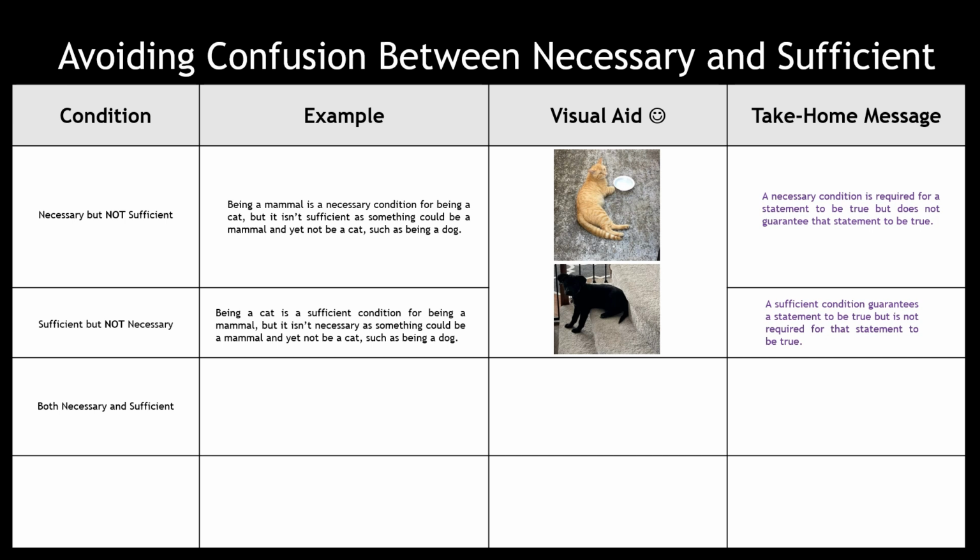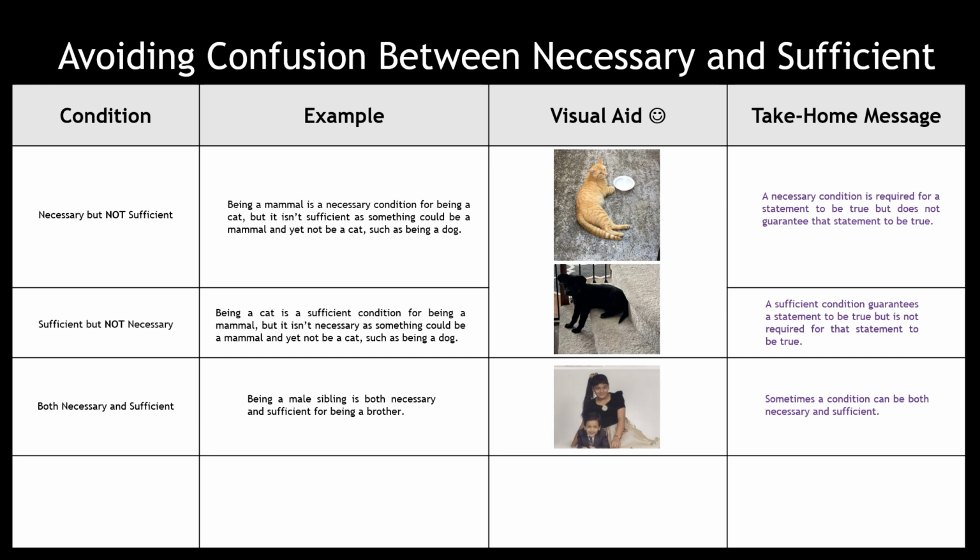Not to mention, a condition can be both necessary and sufficient. For example, being a male sibling is both necessary and sufficient for being a brother. The take-home message about this is that sometimes a condition can be both necessary and sufficient.